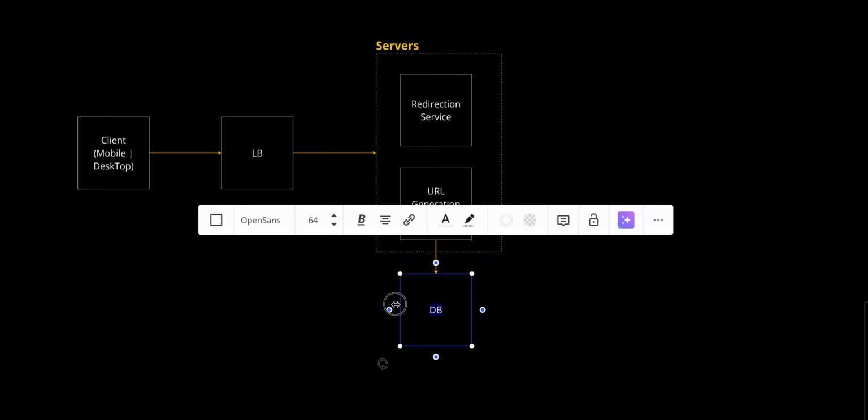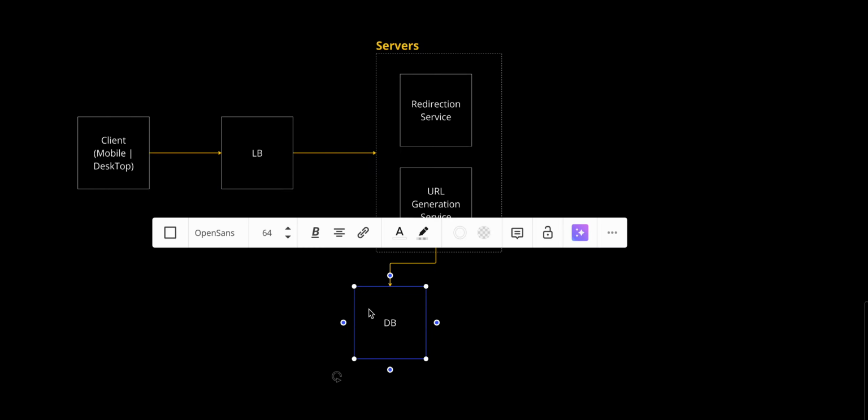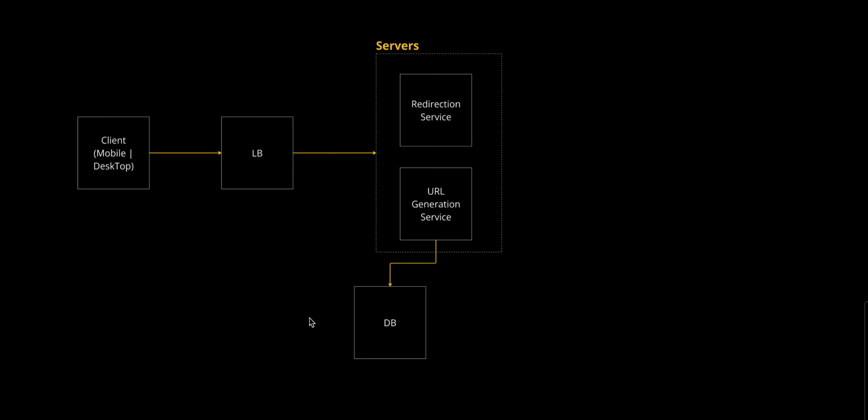When you are working with a DB in any system design interview, the first question that comes is whether you are going to use a SQL or NoSQL database. To choose the right database for our needs, let's consider some factors. First, we need to store billions of records. Most database operations are simple key value lookups.